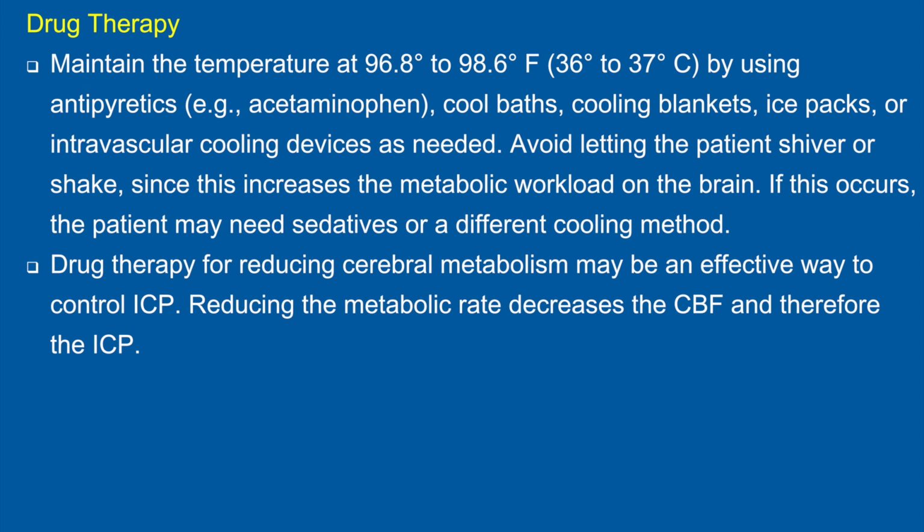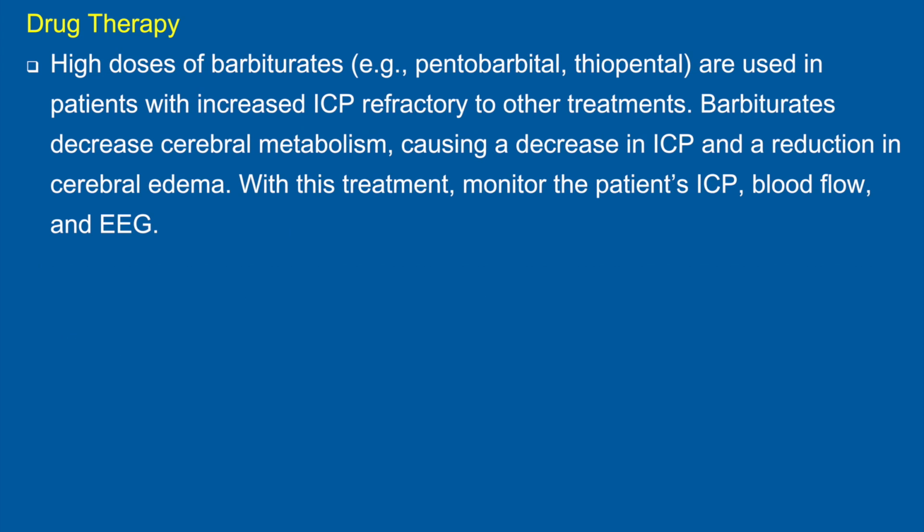Drug therapy for reducing cerebral metabolism may be an effective way to control ICP. Reducing the metabolic rate decreases the cerebral blood flow and therefore ICP. High doses of barbiturates, that is pentobarbital, thiopental, are used in patients with increased ICP refractory to other treatments.